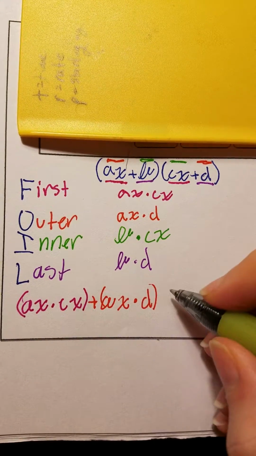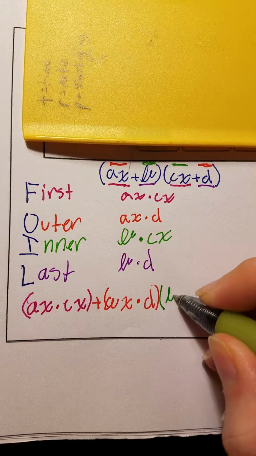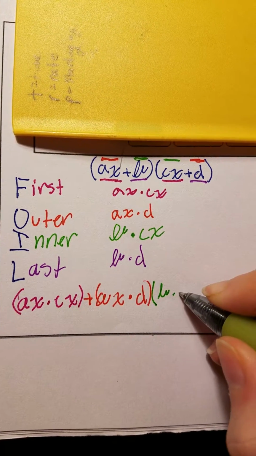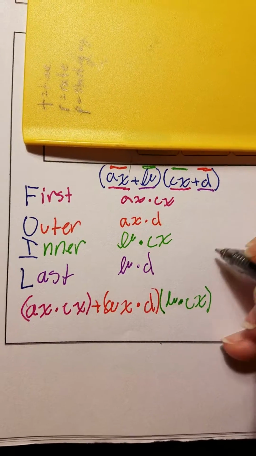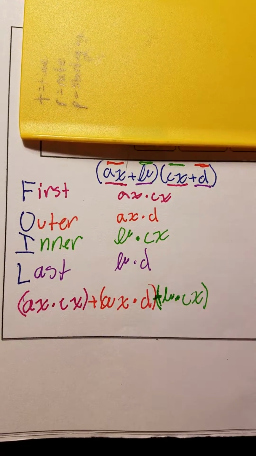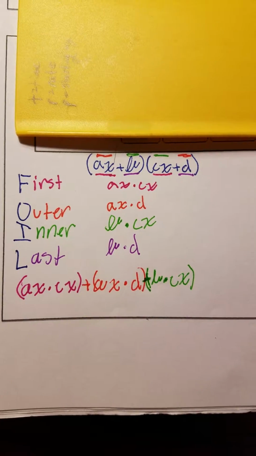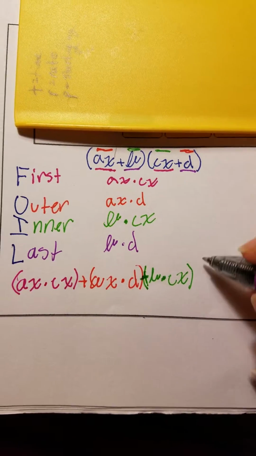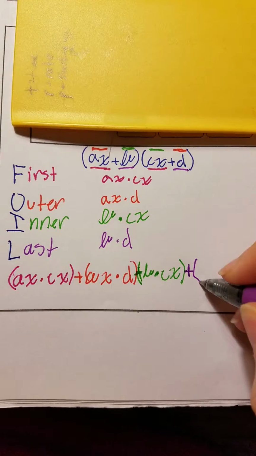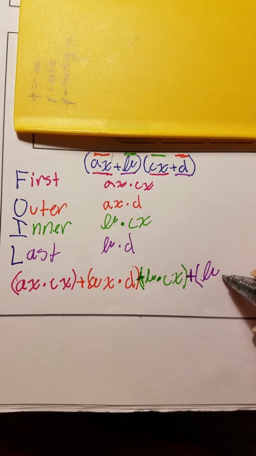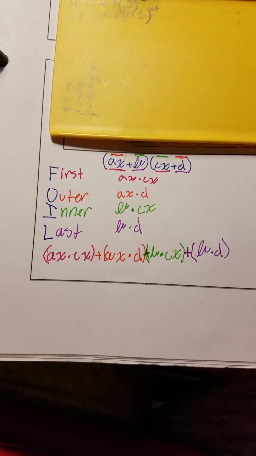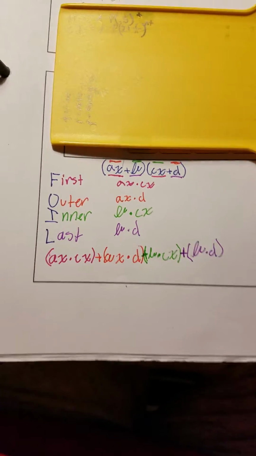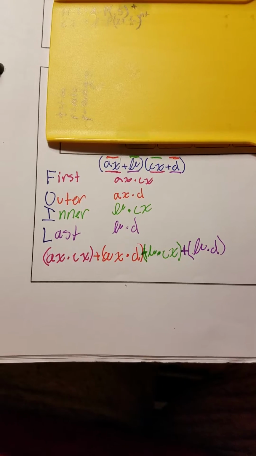And then your inner step, which is B times CX, plus your last one, which would be B times D. So that's essentially what you will end up with. That's the whole big picture, the FOIL method.